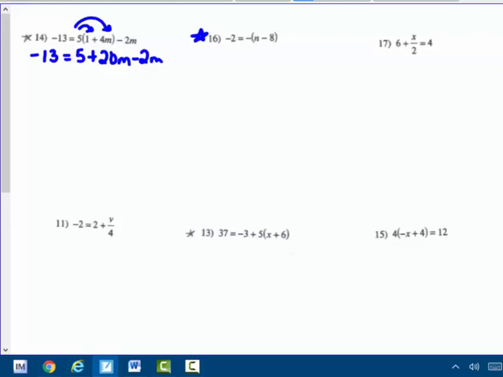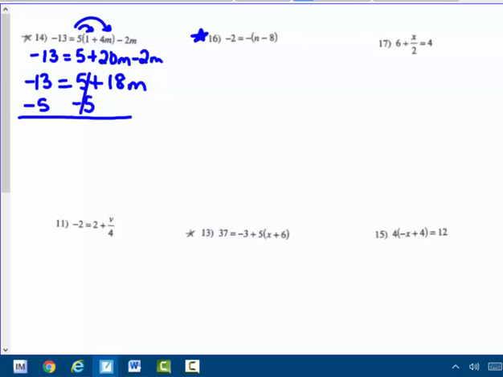So 20m's take away 2m's, those are like terms, I'm going to combine them. So -13 equals 5 plus 20 take away 2 is 18m's. Well, that's a +5. Now I'm going to do balance, inverse. +5's opposite is to subtract 5, right?